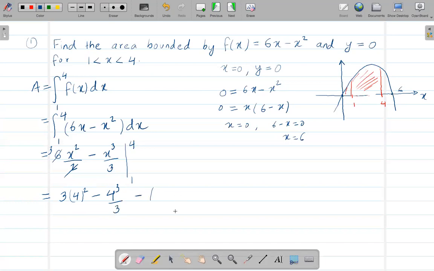Minus, and now x is 1, so 3 times 1 squared minus 1 to the power 3 over 3. Make sure you distribute this negative to both of these. After you do all the calculations, which you can do on your own, our answer is going to be 24.